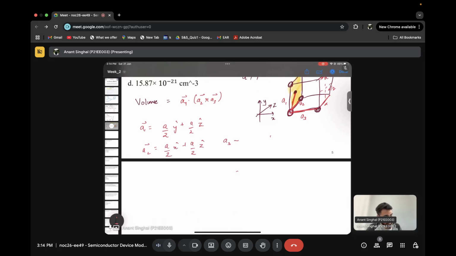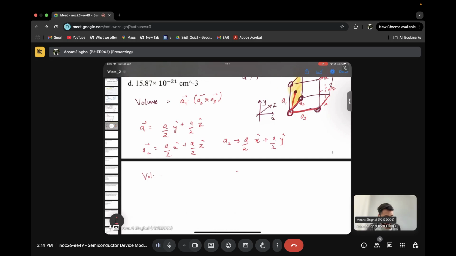Similarly, A3 is in the X and Y plane, right? The front face that I'm talking about. So it will be A by 2 x plus A by 2 y. Sorry, I first said it was in X and Z, but no, it is in X and Y.